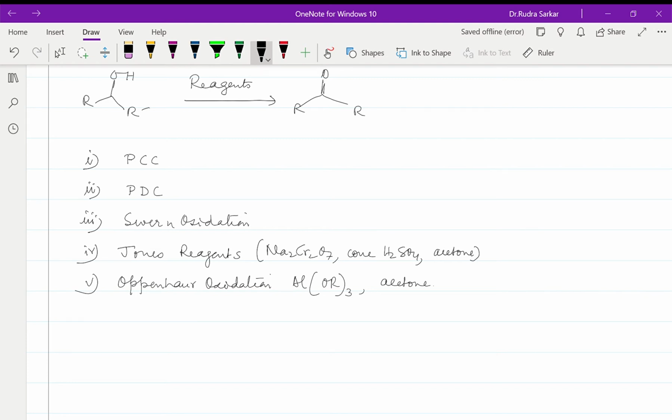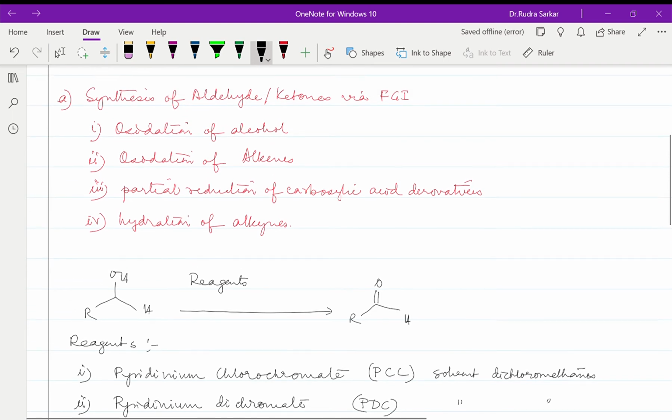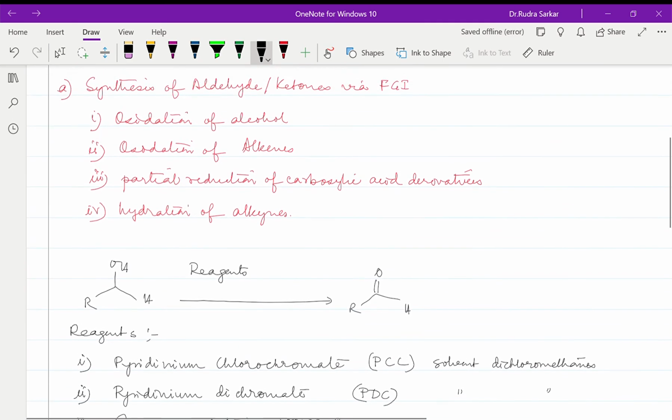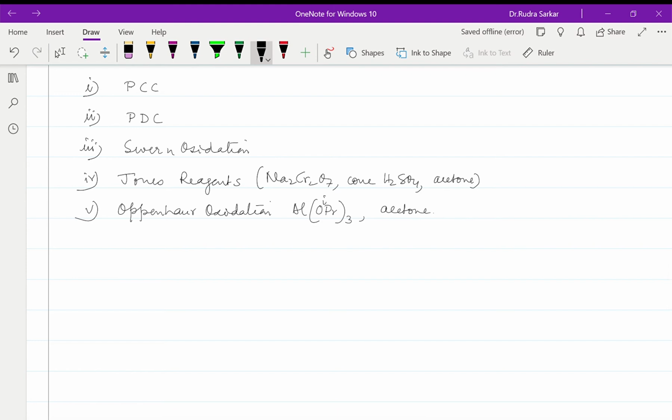Rather, better to mention isopropoxide. So these are the list of reagents that can help us to oxidize the alcohols to our desired aldehydes and ketones.